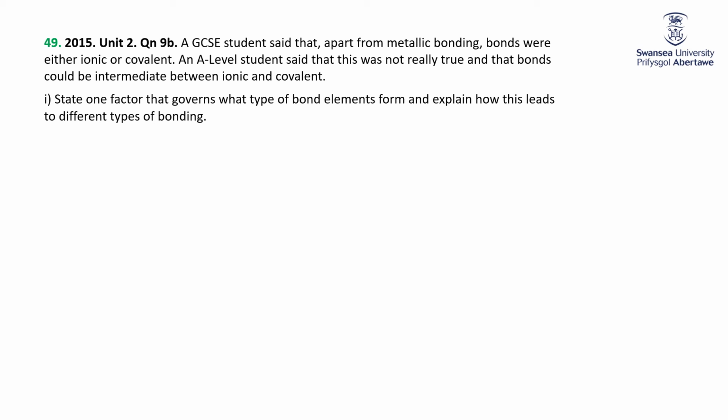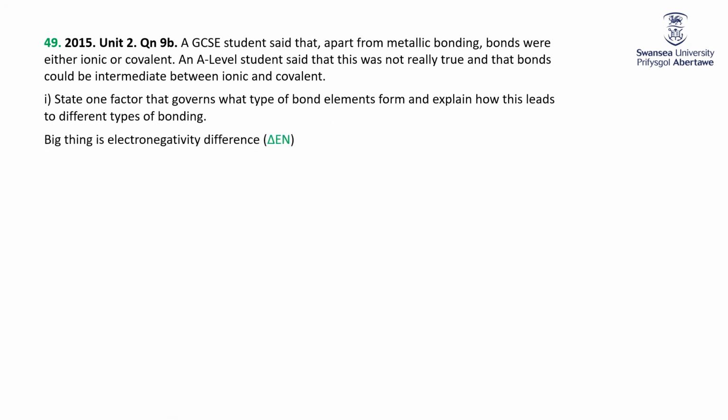A poor naive GCSE student said apart from metallic bonding, bonds are either ionic or covalent. An A-level student said not really true, bonds could be intermediate between ionic and covalent. State one factor that governs what type of bonds elements form, again should be atoms, and explain how this leads to different types of bonding.